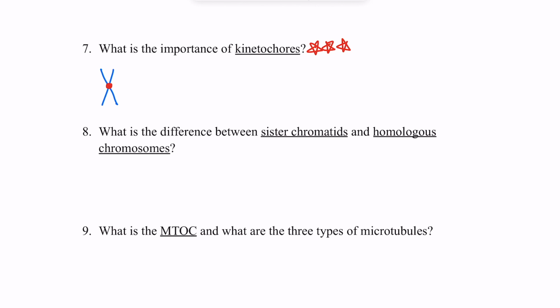And our kinetochores, so I'm just going to add a different color. So we have these organelles called centrioles. And this is where our microtubule organization kind of emanates from, our center, if you will. And these kinetochores are going to attach to the centromere. And this allows for us to move them.